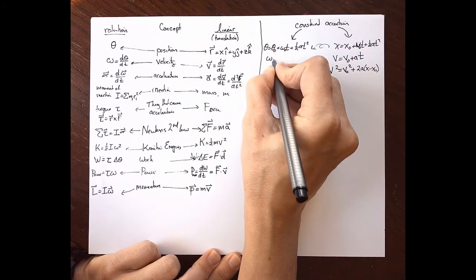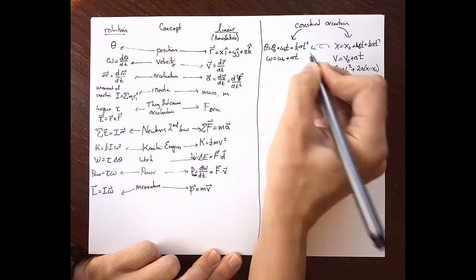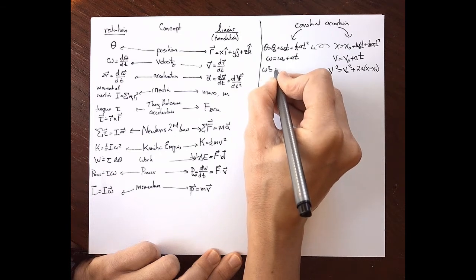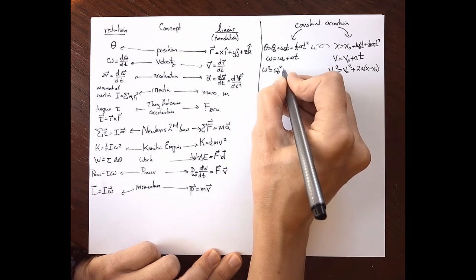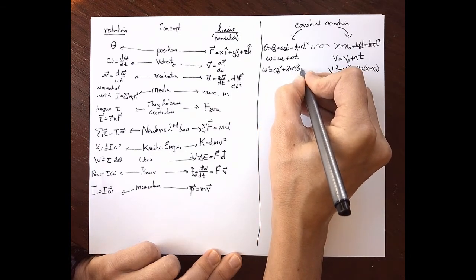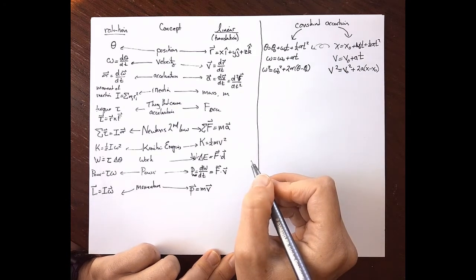Or you can find the velocity. It's equal to the initial velocity plus the acceleration times time. Or maybe you need to do the square equation. So the square of the velocity is the square of the initial velocity plus 2 times the acceleration times the displacement, or the change in position.